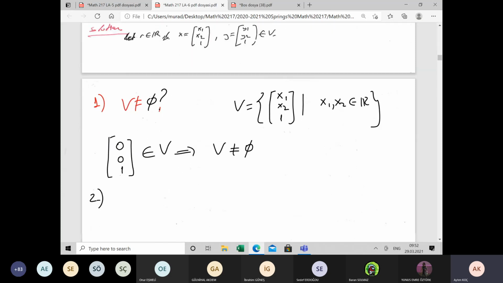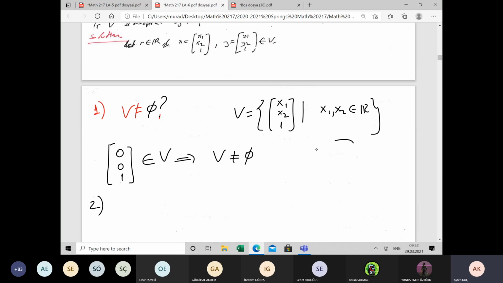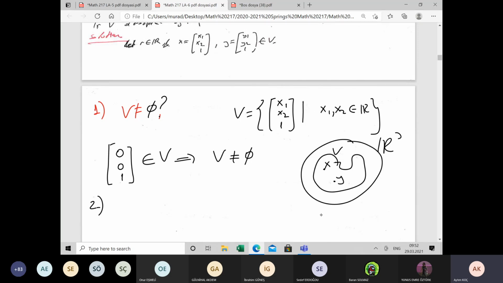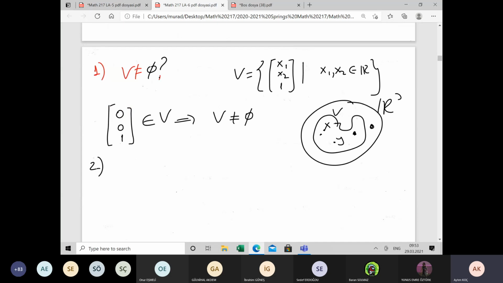So the second condition. Take two vectors, the ambient space is R cube and the subset is V. Take two elements here, x and y. Our aim is to show whether x plus y is an element of V or not.